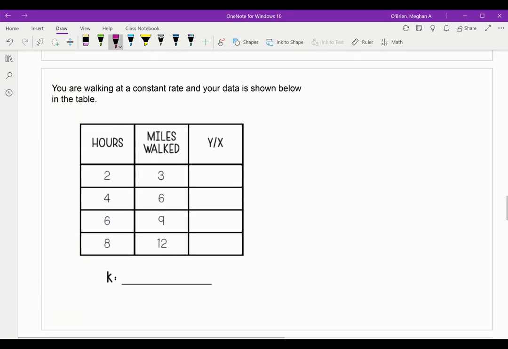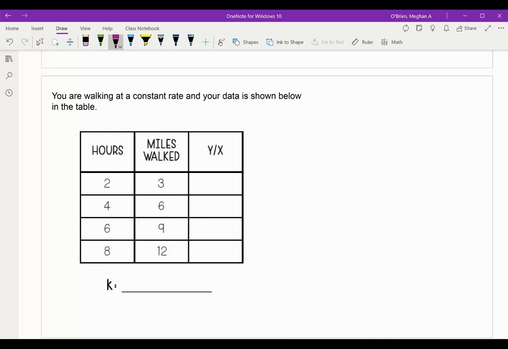Okay, you're walking at a constant rate and your data is shown below in the table. So here's just another example. So 3/2. Again, this is the k. This is the constant of proportionality. Abbreviate there. 3/2, 6/4, 9/6, 12 divided by 8.